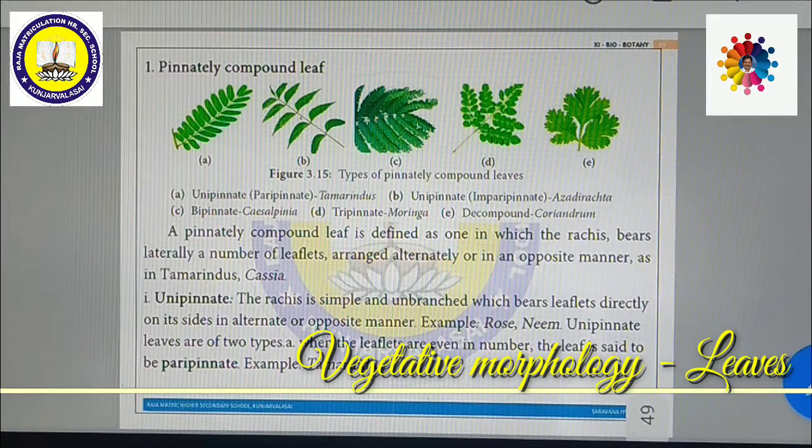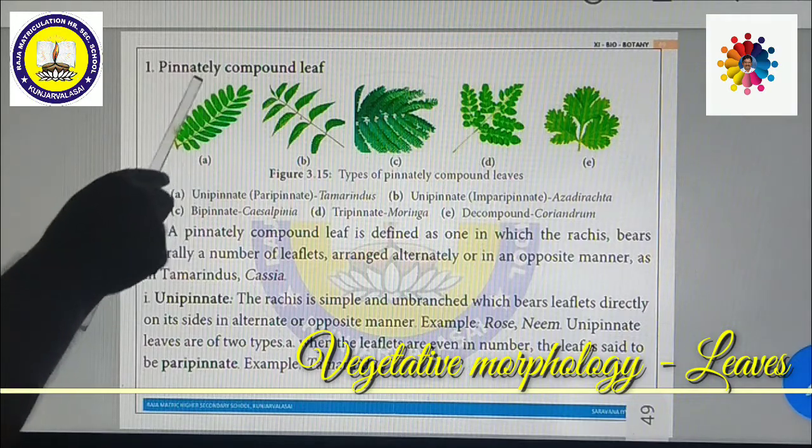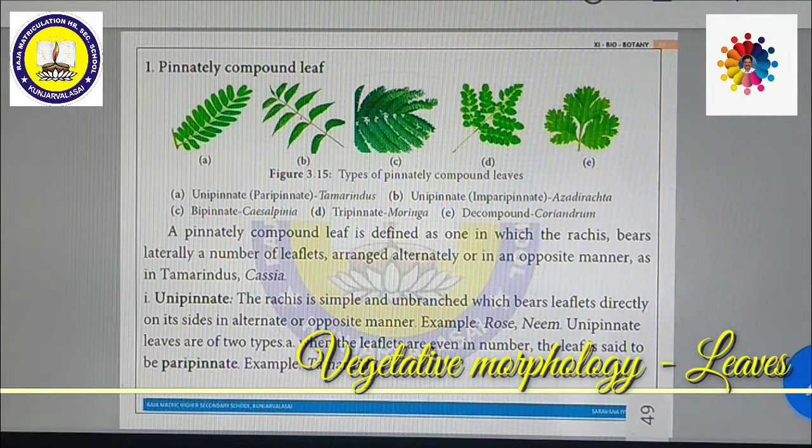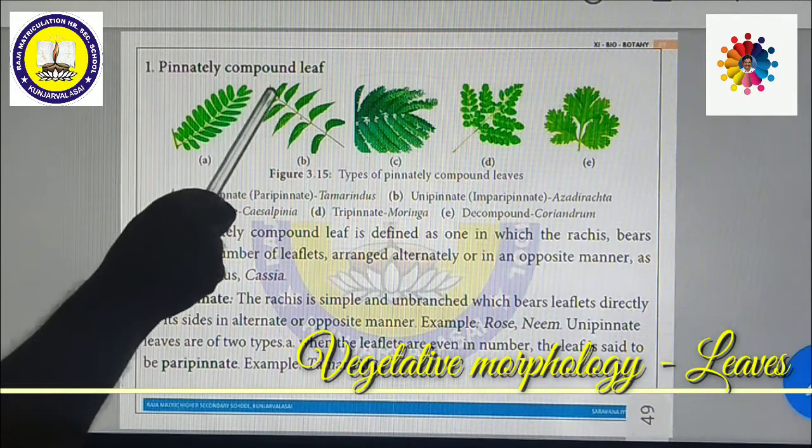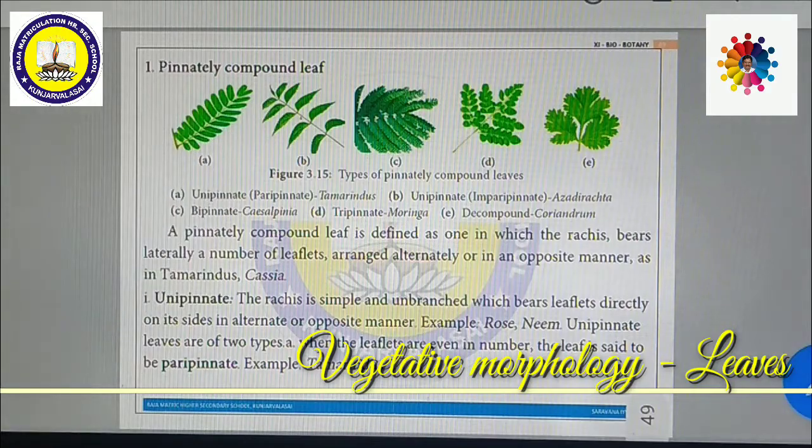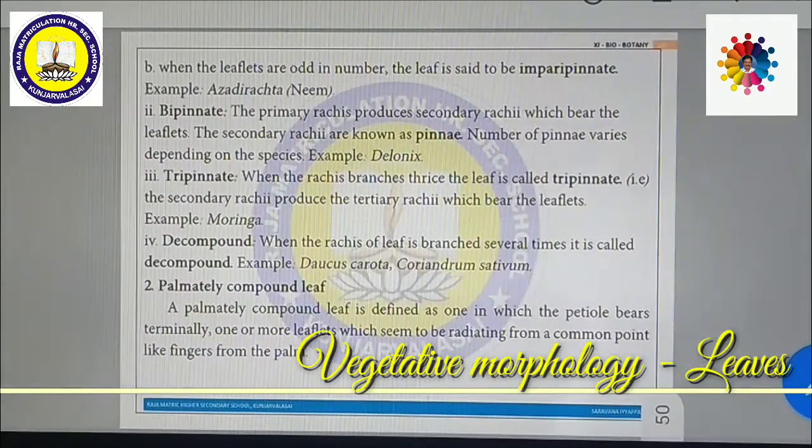When the leaflets are even in number, as in tamarind, it is called paripinnate. On the other hand, if it is producing an odd number, only one at the end, then this is called imparipinnate, as in Azadirachta, the neem plant.